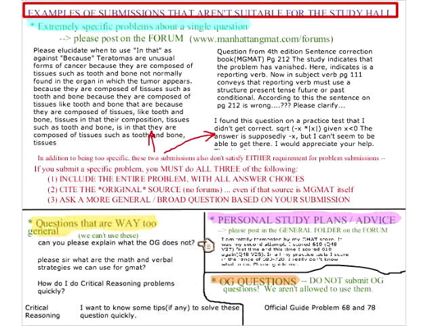Can you explain what the OG does not explain? That's a lot of stuff. It's not really something we could do in one study hall. What are the math and verbal strategies we can use for GMAT? That is basically everything that we have ever taught. So we definitely can't teach everything we've ever taught in one study hall. And then how do I solve critical reasoning quickly?